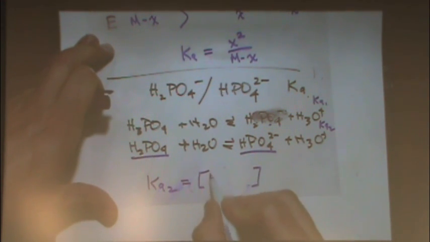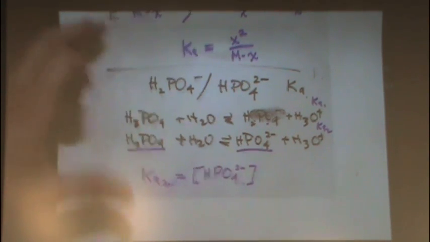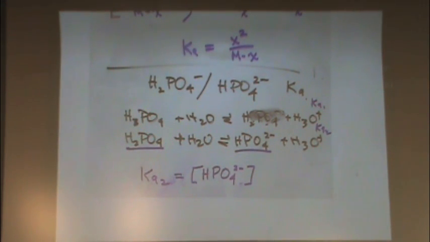It's equal to the concentration of the entity that has lost 2 hydrogens. It started with H3PO4, so subtract 2 hydrogens from that. In this case, just HPO4 2 minus, that concentration is equal to the Ka2 value. It just happens to derive out that way. So that's something nice to remember.